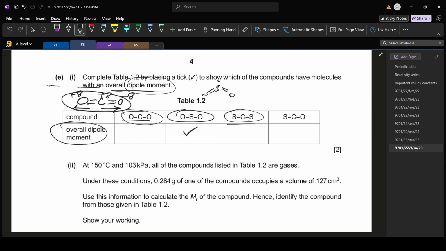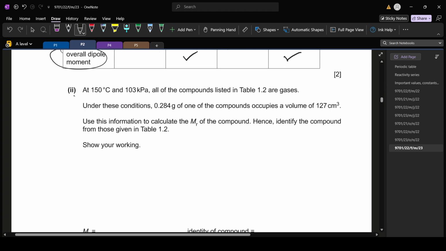This carbon will also have the same case as this oxygen, so no dipole. Now check out this carbon. This carbon has a shape like this, but you can see that oxygen is more electronegative than sulfur. They will both attract the electrons, but oxygen will attract more, so there will be an overall dipole. Okay. Now moving towards next part.